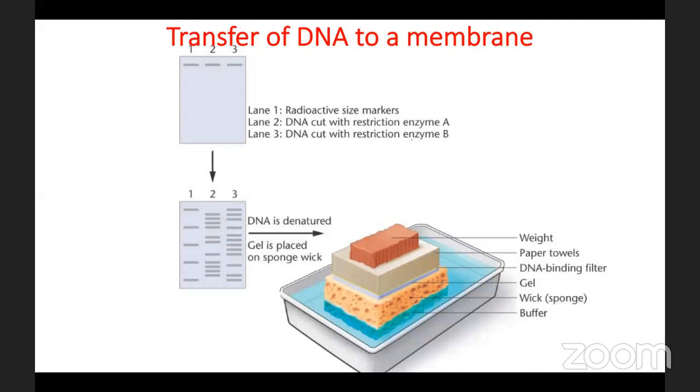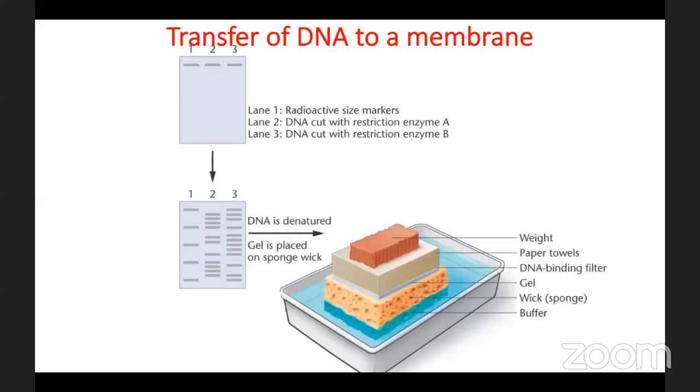For transferring, this is nothing but the capillary phenomenon that is given in your 8th standard books also. By this capillary phenomenon, a buffer tank is there. On that buffer tank, 2 or 3 layers of sponge are placed.